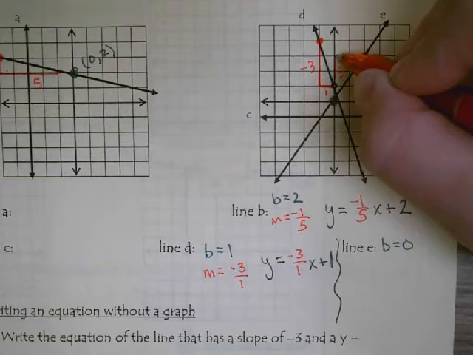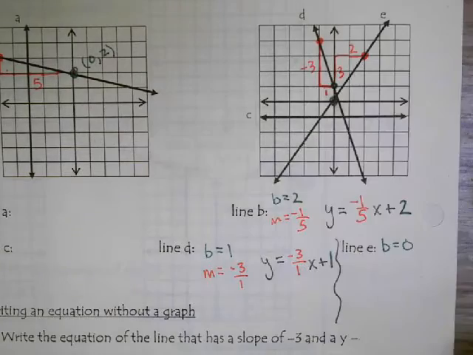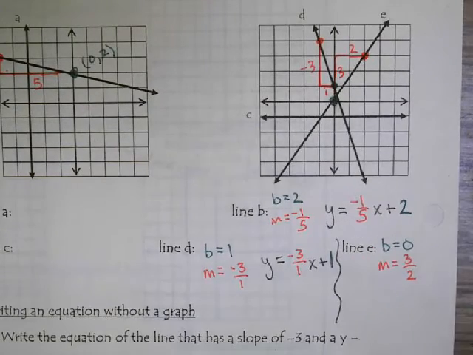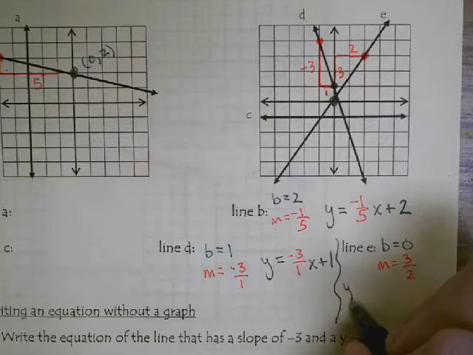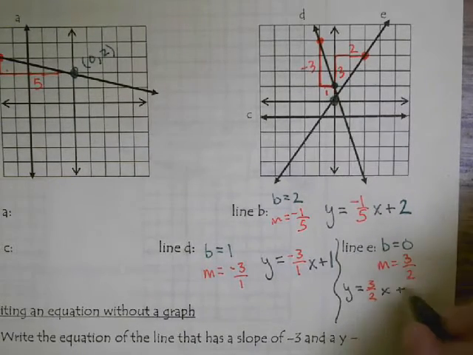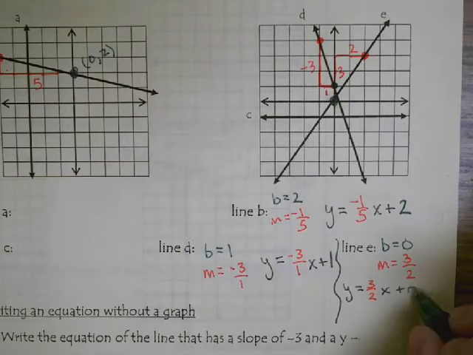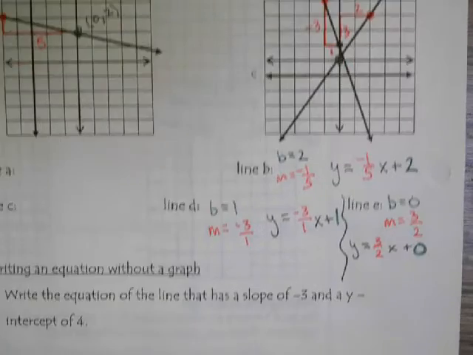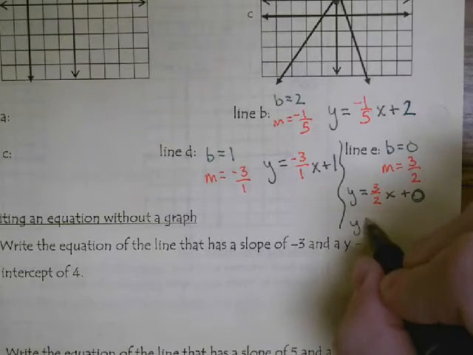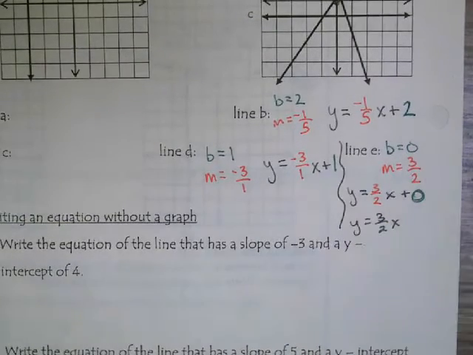That's a positive 3. And then over 2. So I can see my slope is 3 over 2. And we'll plug all this into our equation, and we have y equals 3 over 2 x plus 0. But if I have a plus 0, I don't really need to write it. So we could slim this down into y equals 3 over 2 x.